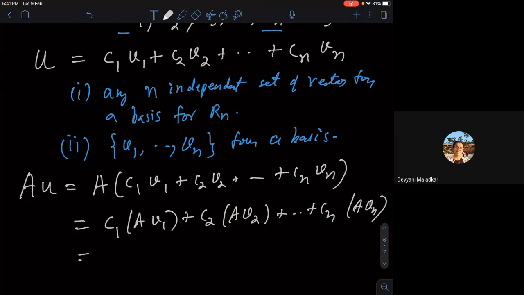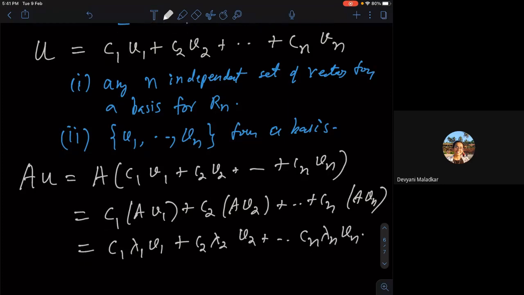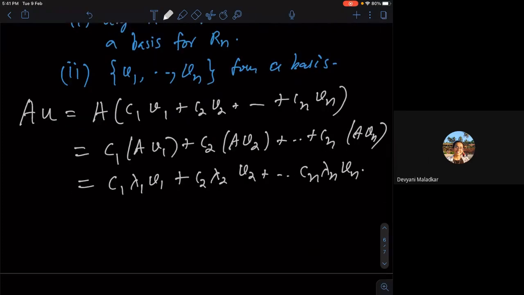And we know what A V1 is because these are all the eigenvectors of A. So this becomes C1 lambda 1 V1 plus C2 lambda 2 V2 plus up to Cn lambda n Vn.